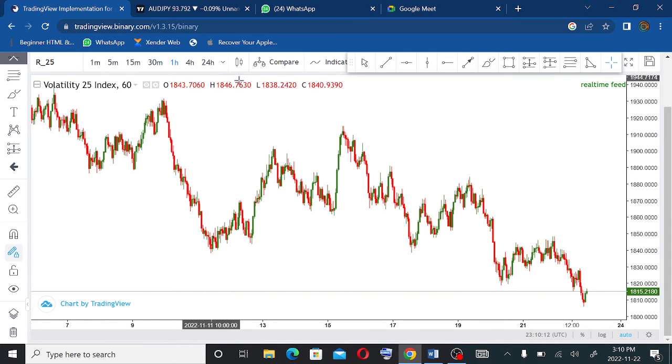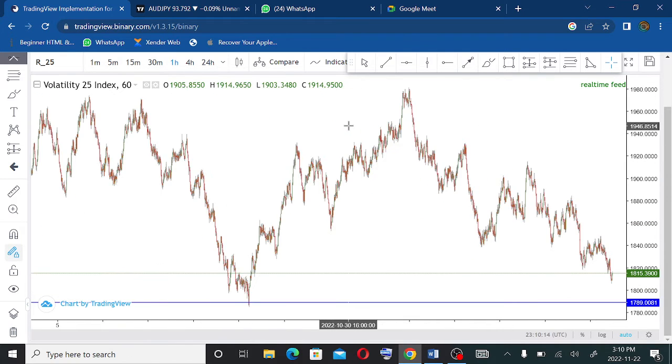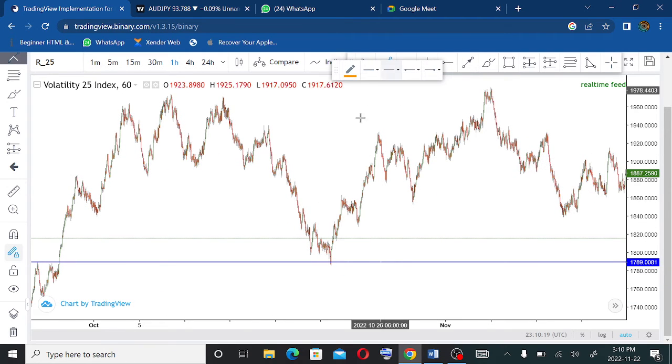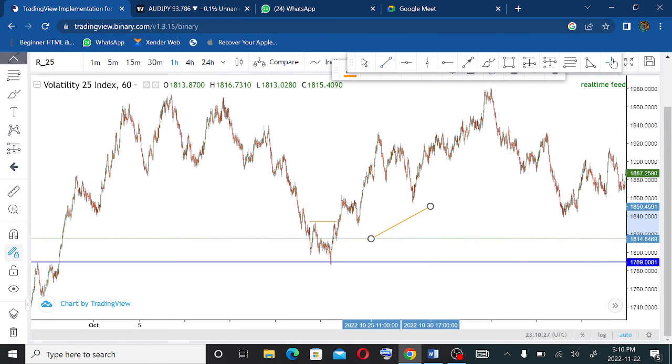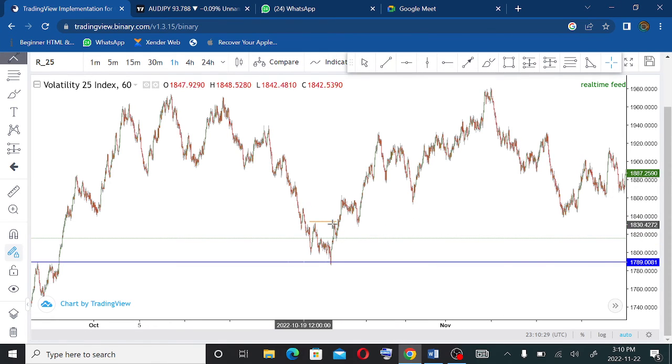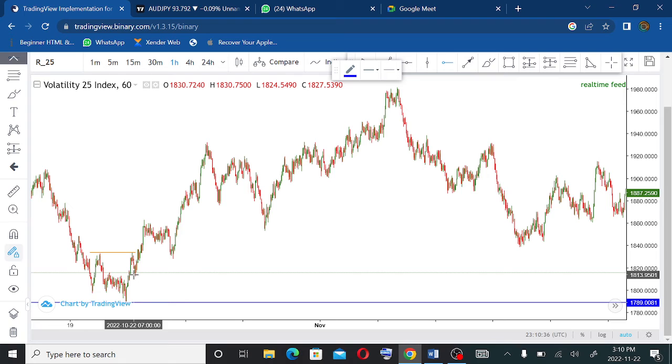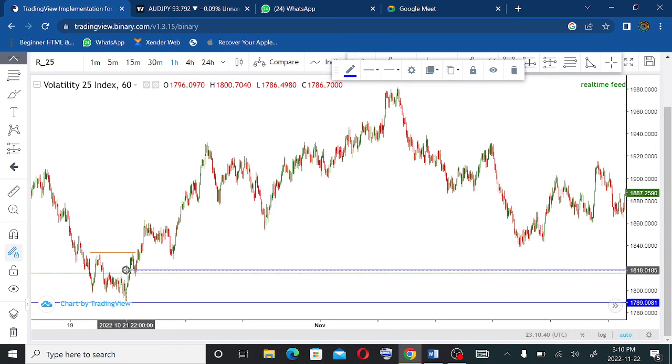Now, when I come to lower time frame, I have this, which is a break of market structure, and then we have this area as an area that took out market structure.